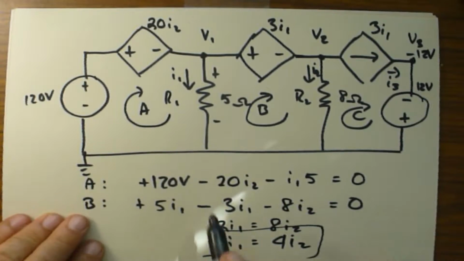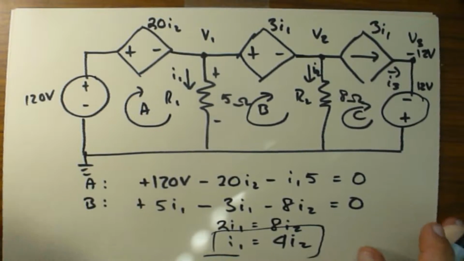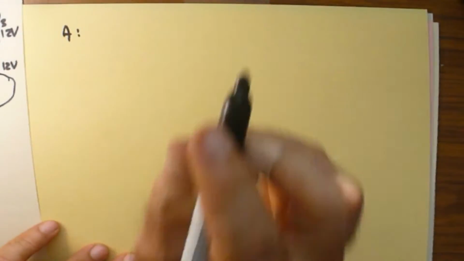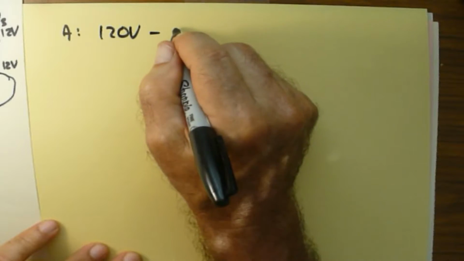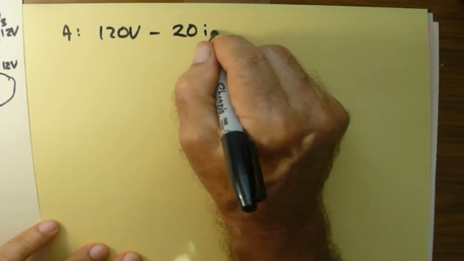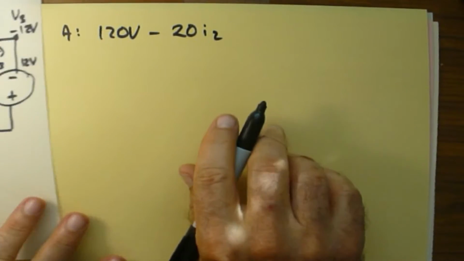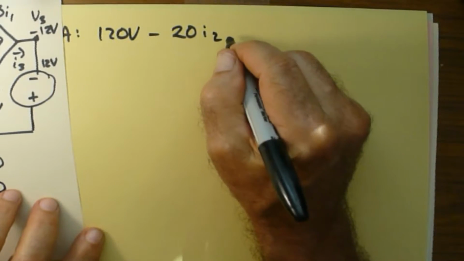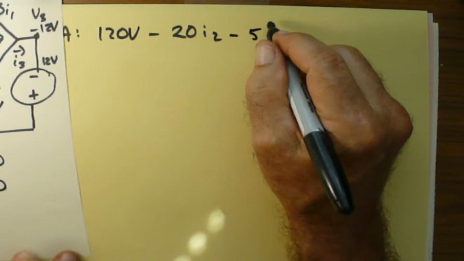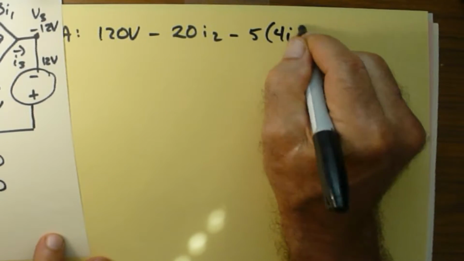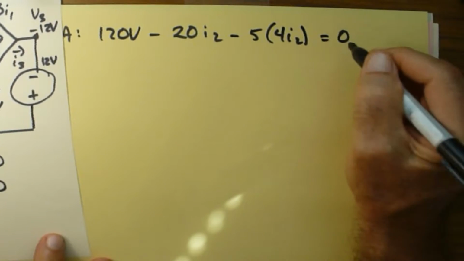The next thing is we plug that back into loop A. So it's 120 volts minus 20 times I2 minus 5 times I1, which is 4I2, and that equals 0.